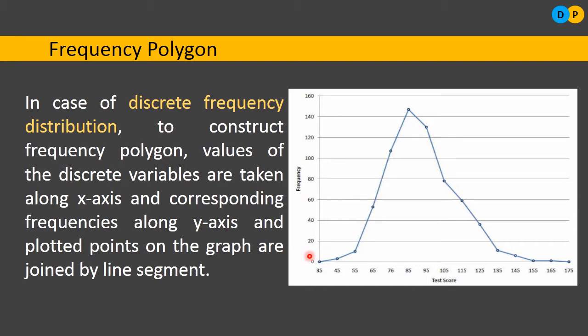Once we get these points, the plotted points are joined by straight line segments. When all these plotted points are joined, we get a frequency polygon. This is what happens with the discrete frequency distribution.